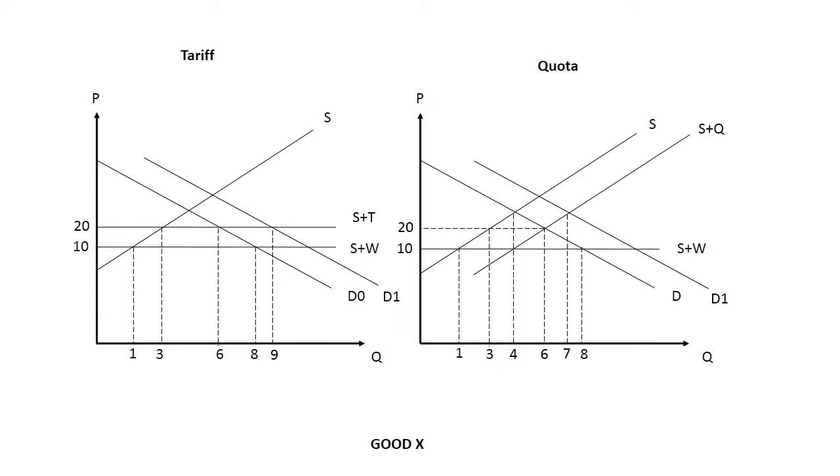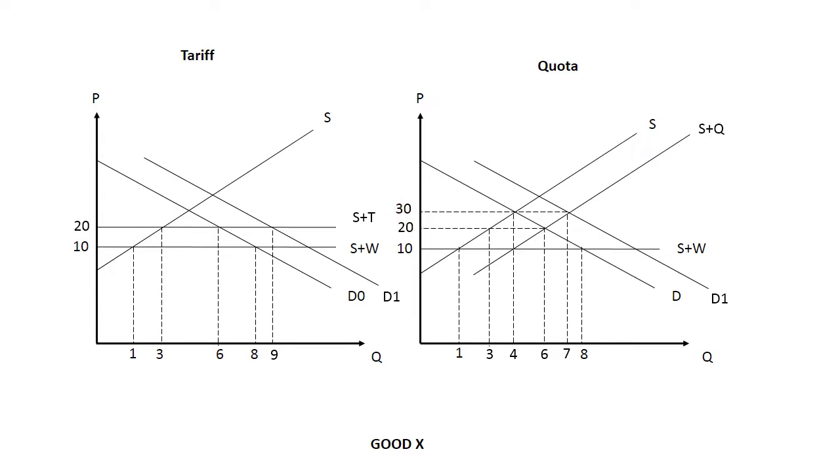The number of imports will remain the same at 3 units of good X only, since 7 minus 4 is equal to 3. In this case, the price will increase from 20 to 30.